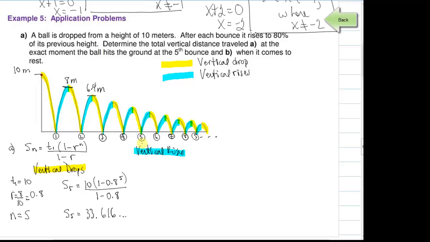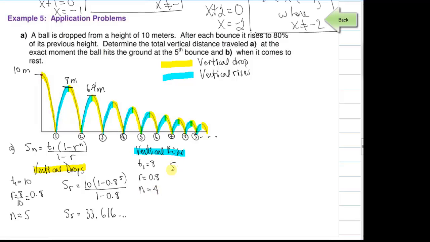Okay? And so the second part of this question is to calculate the vertical rises. Now for our vertical rises, we're starting at 8 meters, so our T1 is 8. And our common ratio doesn't change, it's still 0.8. But n changes, right? If we're going to start here, then we've got 1, 2, 3, 4 vertical rises. Okay, so our n is equal to 4.